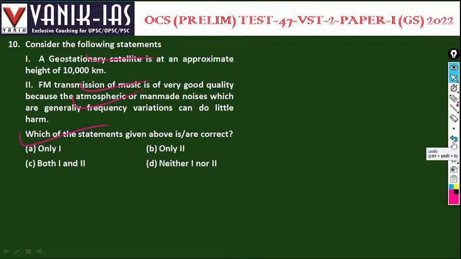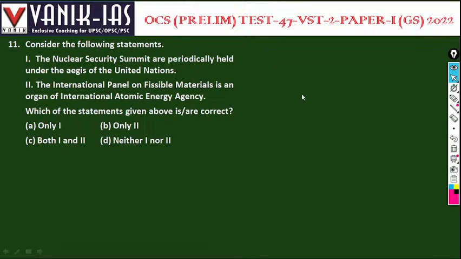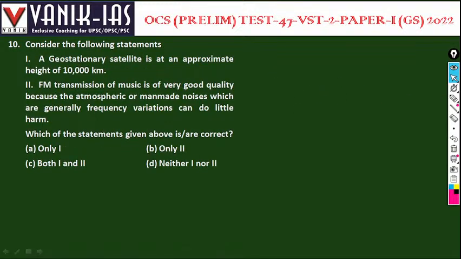Next, consider the following statements about a geostationary satellite. A geostationary satellite is at an approximate height of 10,000 km. No, this is wrong. It's not 10,000 km. It is 36,000 km, or exactly 35,790 km. It is usually a communication satellite. Communication satellites are usually launched there, right?